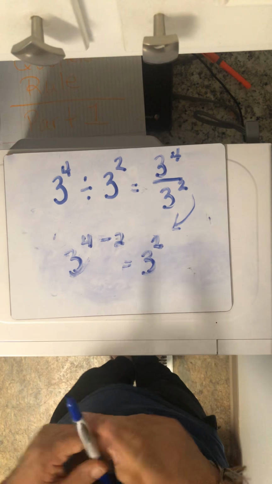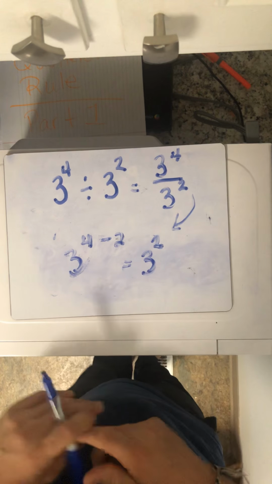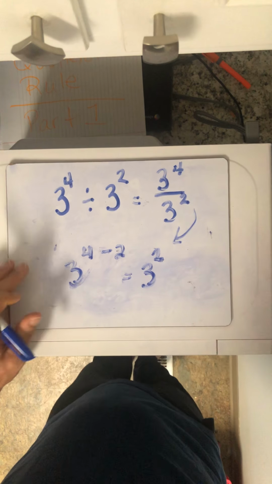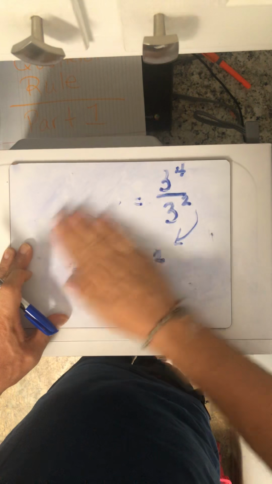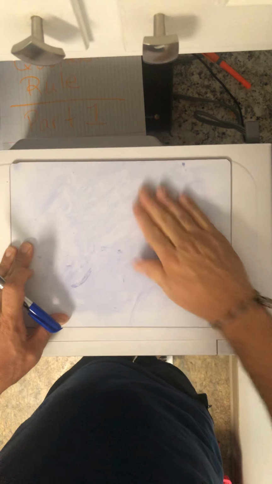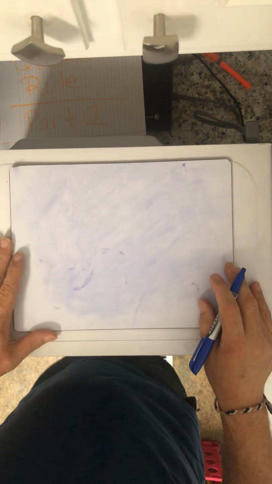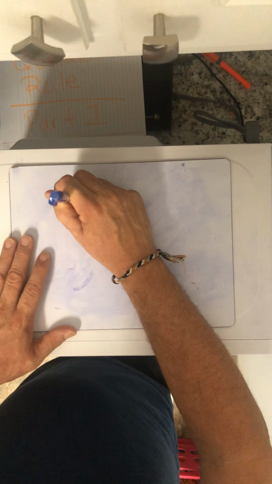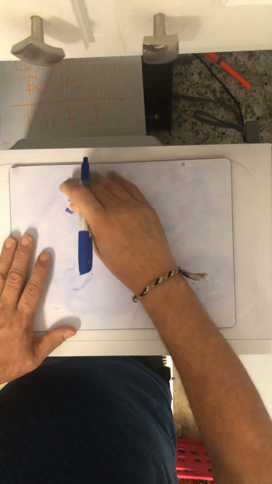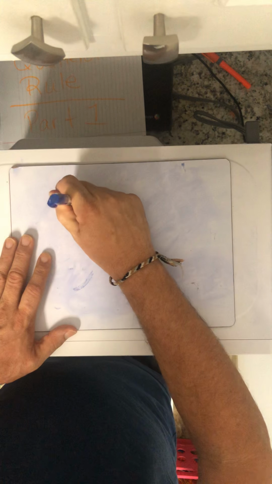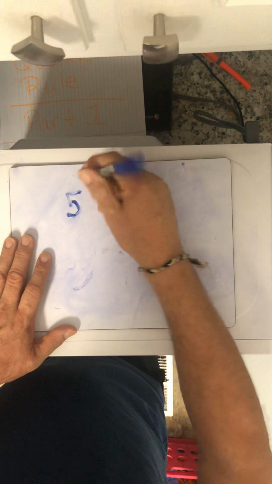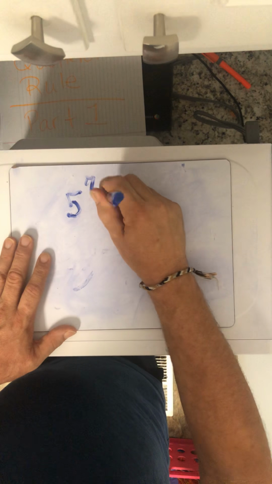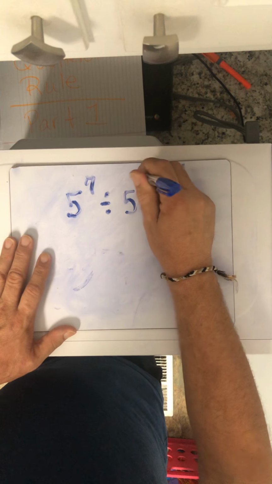So that's one example. I'm going to do one more example for you. That's as tough as anything's going to be today. We'll talk about the quotient rule some more on Wednesday, but let's just say we're given the problem, let's use 5, and we're just simplifying today: 5 to the 7th divided by 5 to the 3rd.